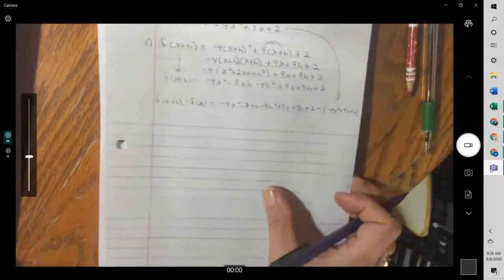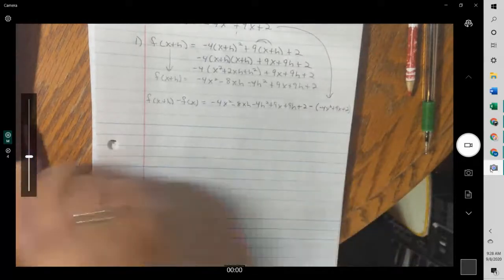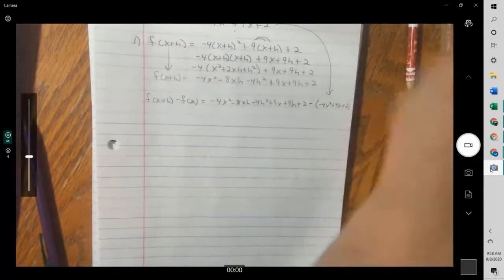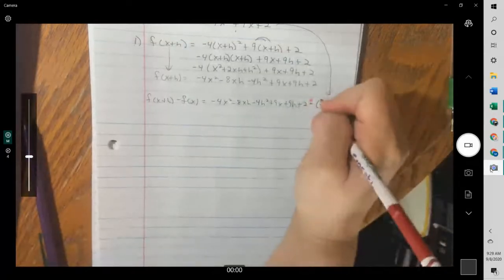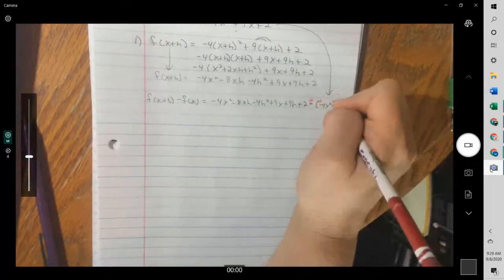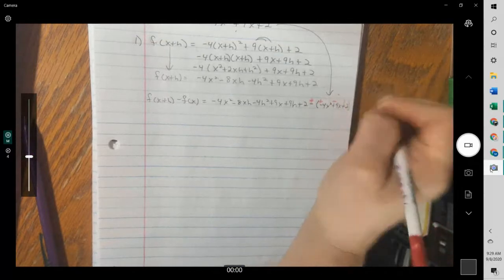Now the parentheses and the quantity, you need to distribute. So if we make this a plus, that makes this a plus, this a minus, and this a minus.